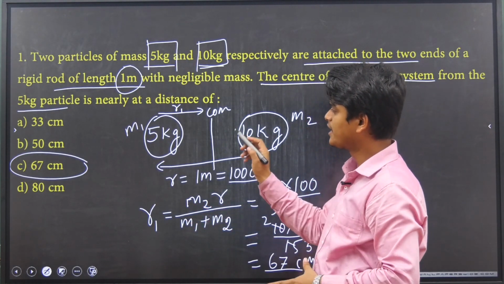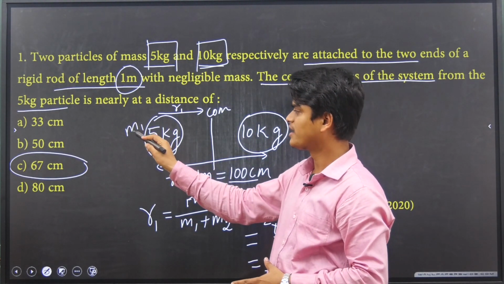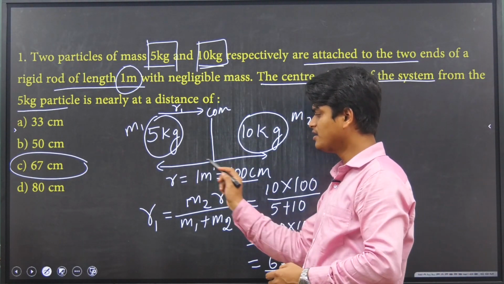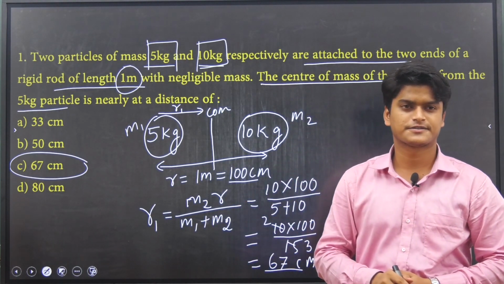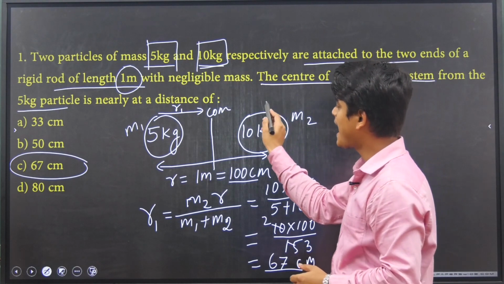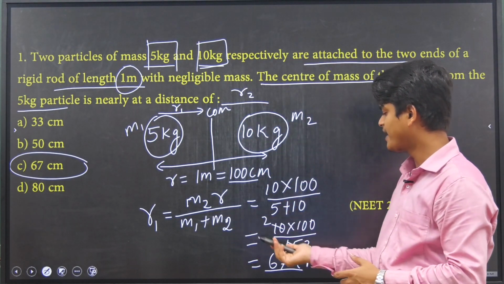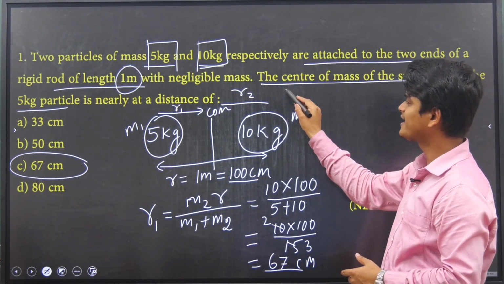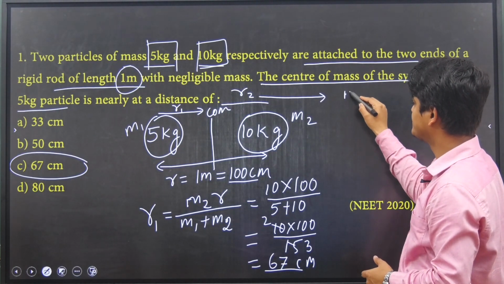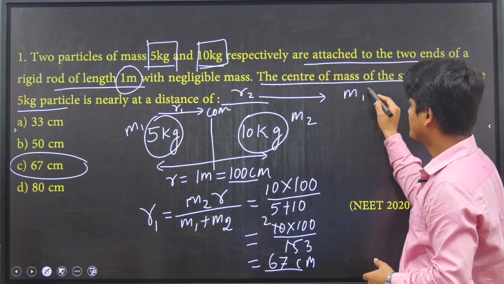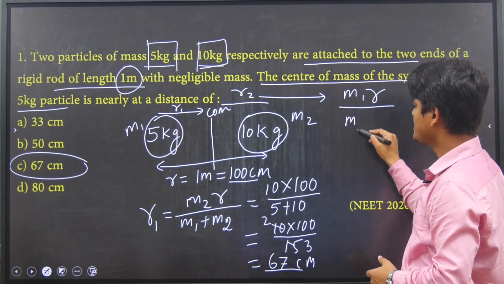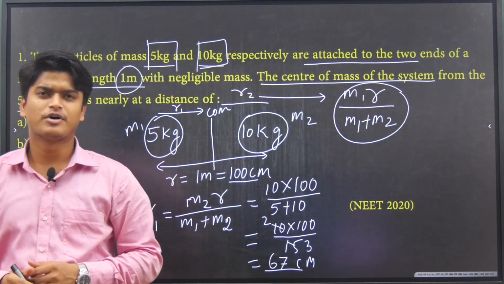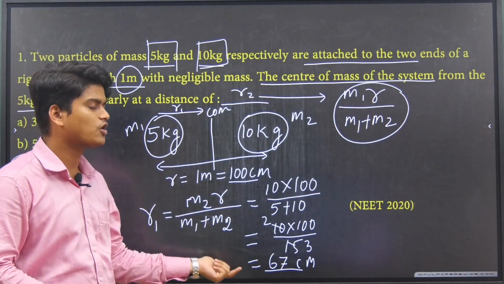If you want to find the distance of M1 from the center of mass, go for M2 first, then multiply by the distance R divided by the sum of the masses. Similarly, once you find R1, you can find R2 as R minus R1, or R2 is M1 multiplied by the total distance R divided by M1 plus M2. This is what you need to remember for a two object system. If you know this, you can solve immediately.